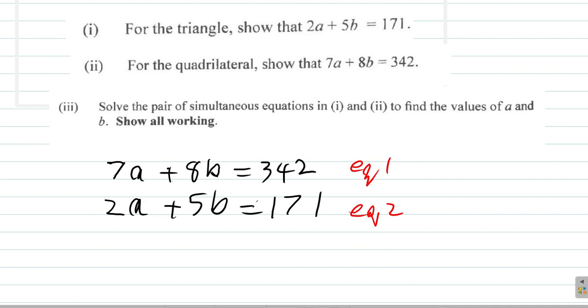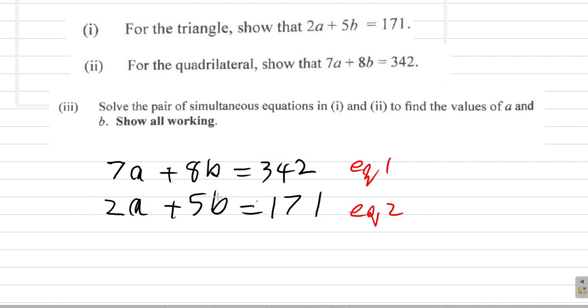If you say equation 1 minus equation 2, you have 7a minus 2a gives 5a, a is still there, and 8b minus 5b gives 3b, b is still there. If you add them, 7a plus 2a gives 9a and 8b plus 5b gives 13b, so you still have both. So you have to do a little thing.